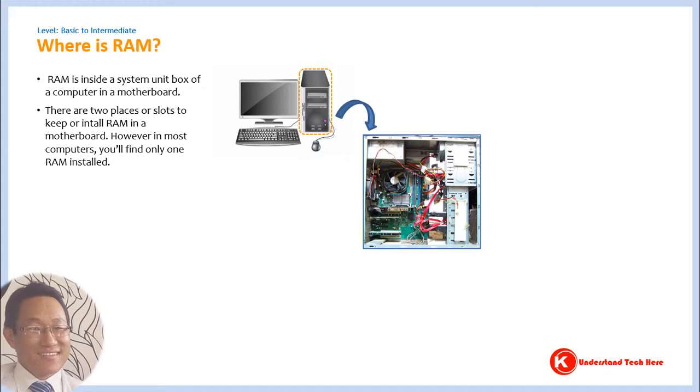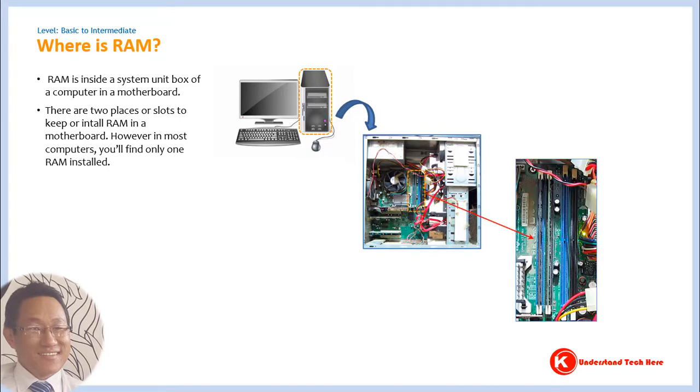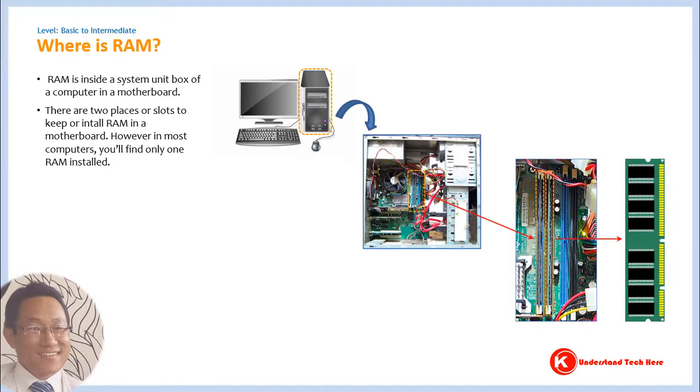This is where you find this part called RAM. Let me enlarge this part. As you can see, there are two places or slots to keep RAM. So this is what RAM looks like physically.